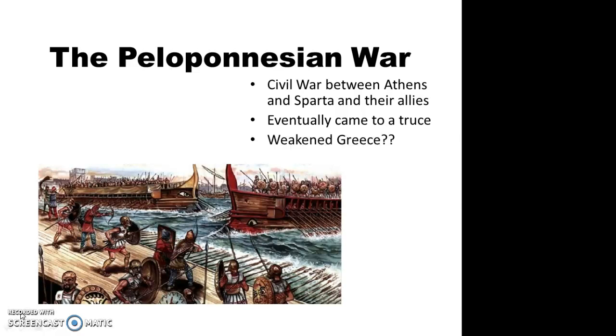Eventually, they would come to a truce. Inevitably, the Peloponnesian War did nothing but weaken Greece and made it very susceptible to outside invasion, which is where Alexander the Great will come in and take over this area. He's from Macedonia. He'll take over ancient Greece, and we'll talk about that soon.